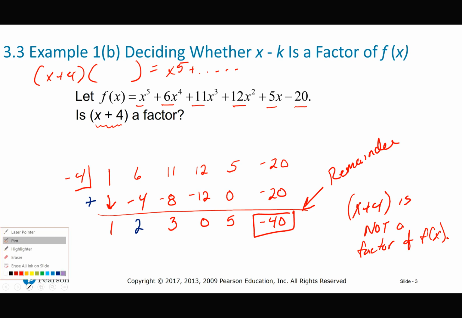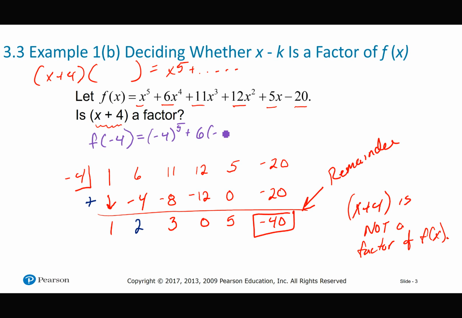Another way to check this is the remainder theorem or the factor theorem, which says if I put in negative 4 into this, so negative 4 to the 5th plus 6 times negative 4 to the 4th plus 11 times negative 4 cubed plus 12 times negative 4 squared plus 5 times negative 4 minus 20. Yuck, it's long. But I put in negative 4 to all of that.